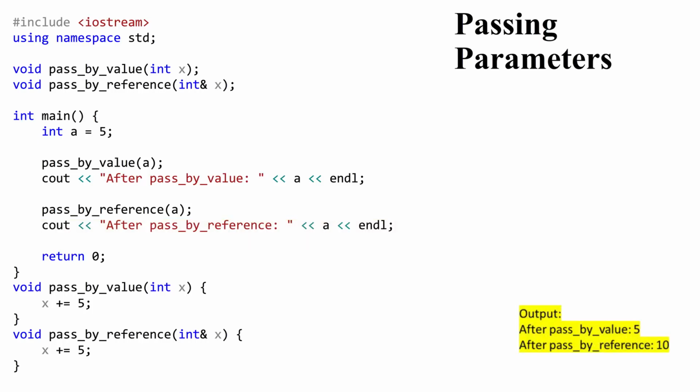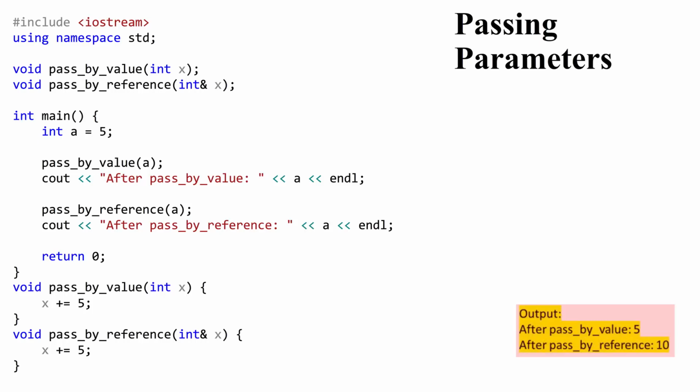When you run this program, the output will be like this. As you can see, after the pass by value function call, the value of a remains 5, while after the pass by reference function call, the value of a is changed to 10.